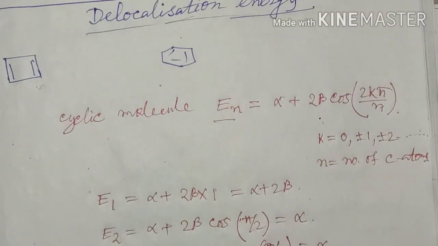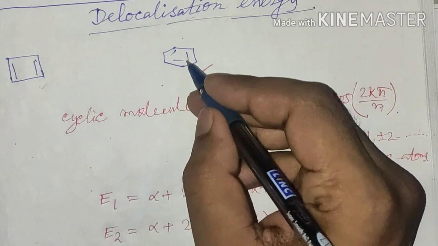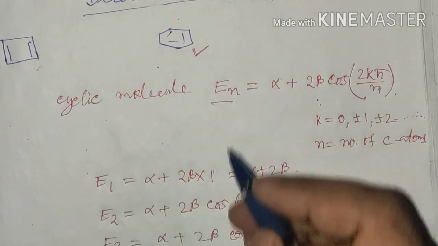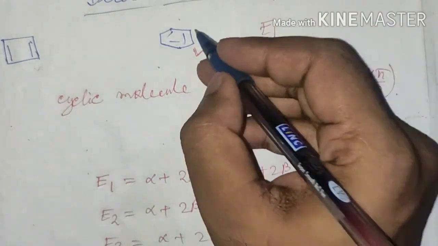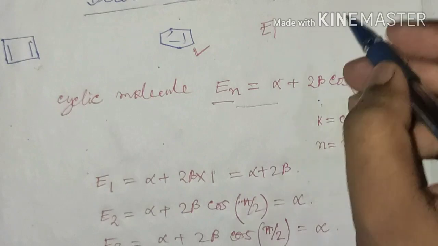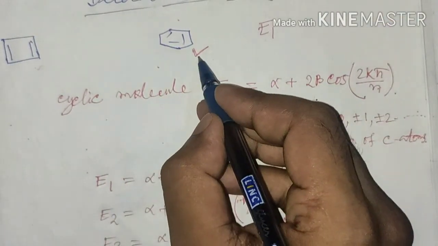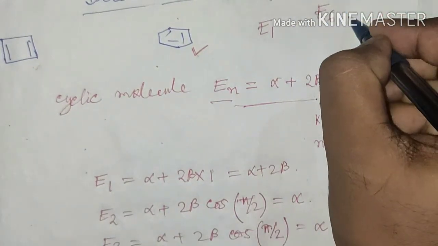Similarly, you can also calculate the delocalization energy for the benzene case. Just calculate the energy levels using this formula. There will be 6 molecular orbitals, so 6 energy levels, and you have to apply this formula since it is a cyclic molecule, and you will get E1 to E6 energy.